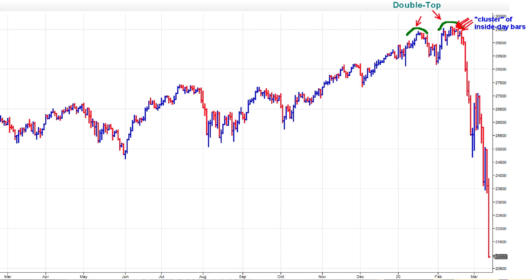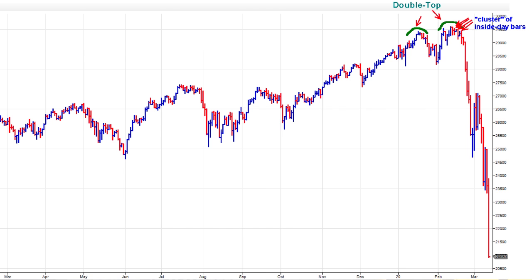So you can see that there's a peak pretty close to the prior peak on the Dow Jones chart. And then you just see where the market cannot make any more forward progress. It had, I think, 12 inside bars, or very small, narrow range bars. Couldn't make any forward progress, and it just started coiling at the top. And to me, I'm always alert that these can be reversals, especially when it coincides with a pattern.